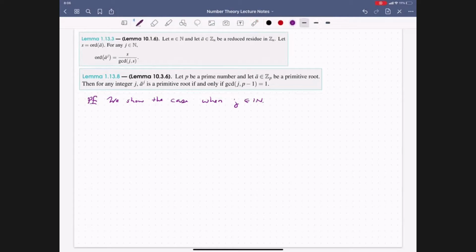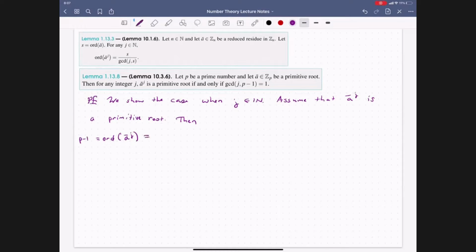So now with that in mind, we get the following. So assume that a bar to the j is a primitive root. Then the order of a bar to the j, by definition, is going to be p minus 1, since it is a primitive root.